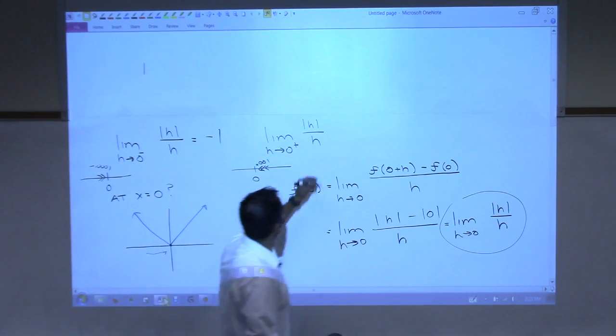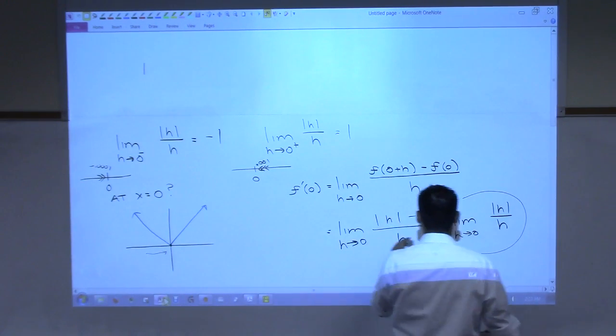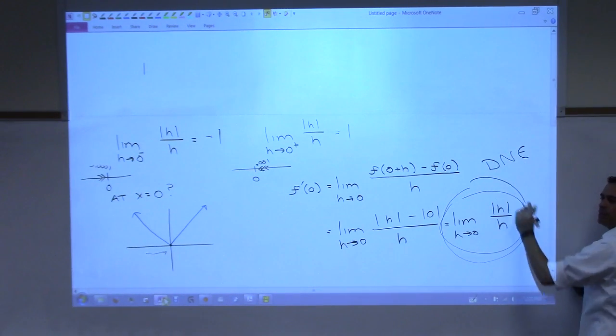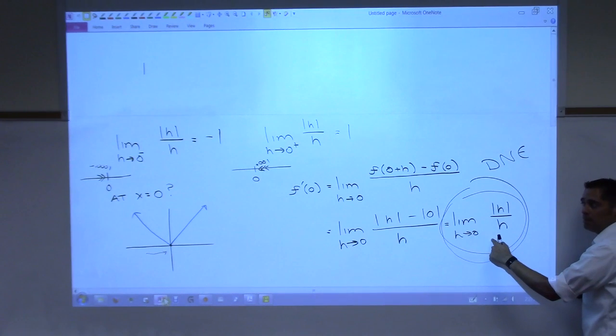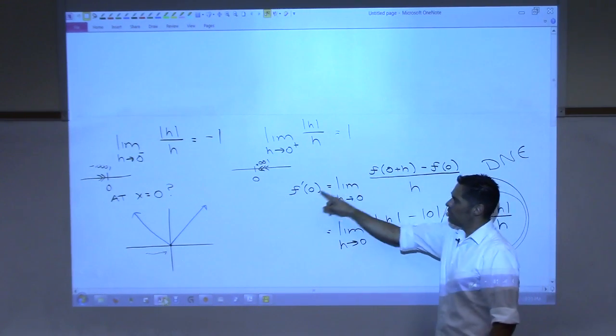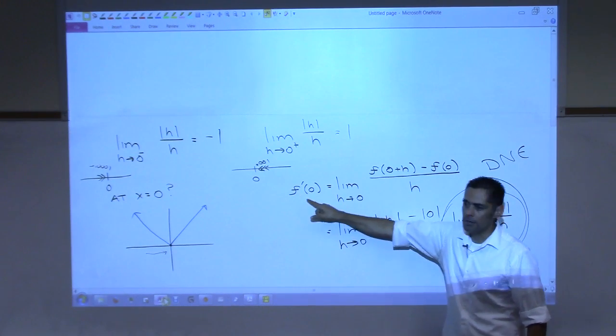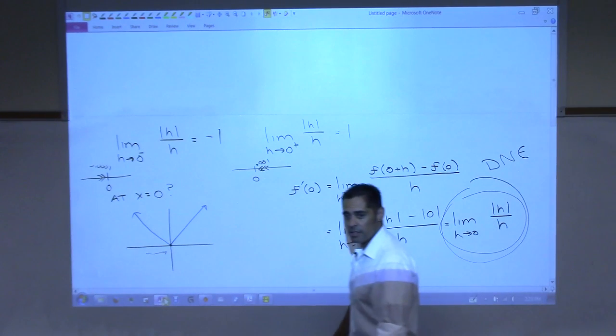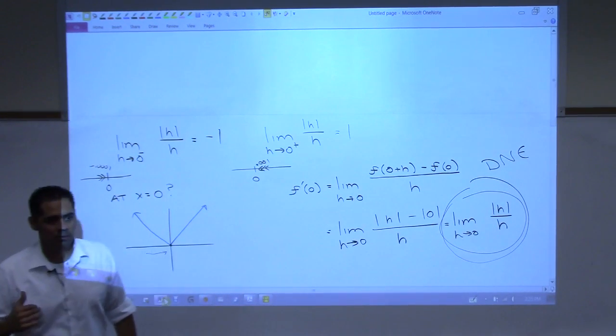And what does that mean for this answer right here? Does not exist. This limit does not exist. What is this limit? The derivative. The derivative does not exist. If the derivative doesn't exist, then it's not differentiable at that point.